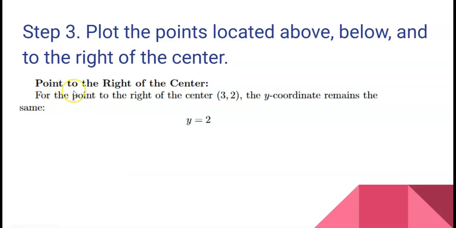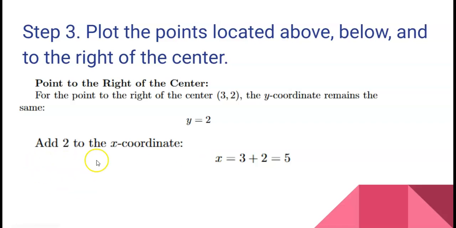Now for the point to the right of the center. For the point to the right of the center (3, 2), the y-coordinate remains the same. y is equal to 2 because we're just moving along the x direction. So add 2 to the x-coordinate because we're moving to the right, and right means positive.